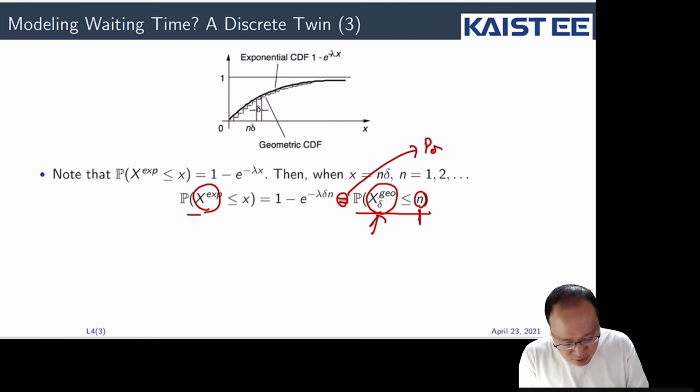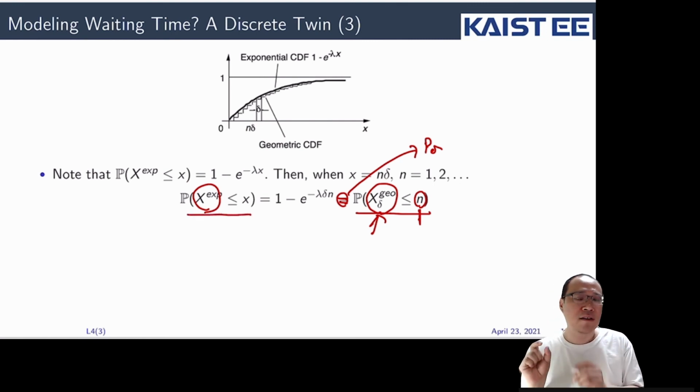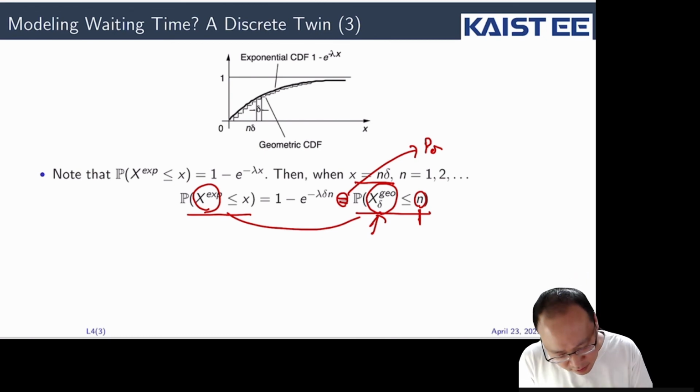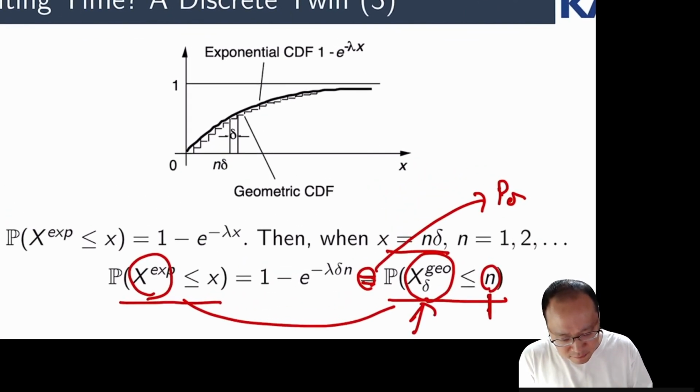And that is equal to, in the continuous case, the probability that the exponential random variable is less than or equal to x, whenever x is n delta. Then this probability becomes equal. So in a graph, we can see this kind of form.